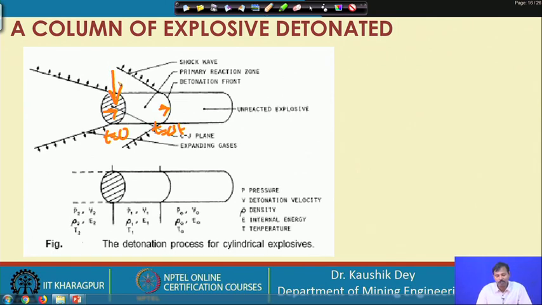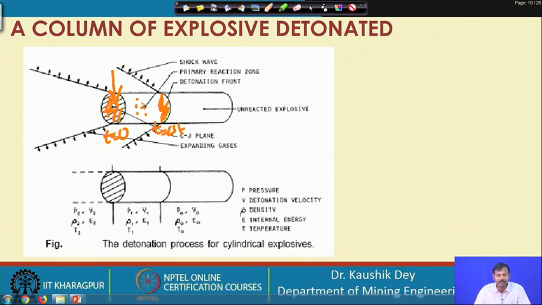In this case you can consider, at any point of time, the explosive column is being bounded by two planes. One is this plane where the reaction is complete, another is this plane where the reaction is onset as the shock front is at this position, and in between these two the explosive has already released the shock, but the reaction is ongoing.